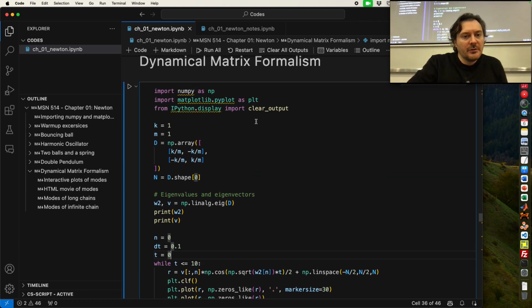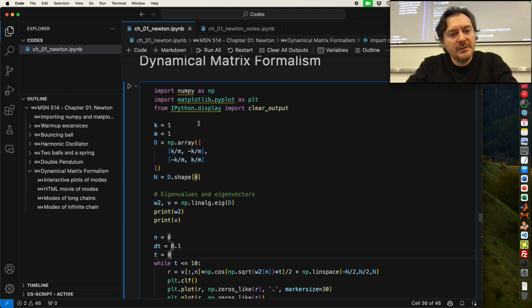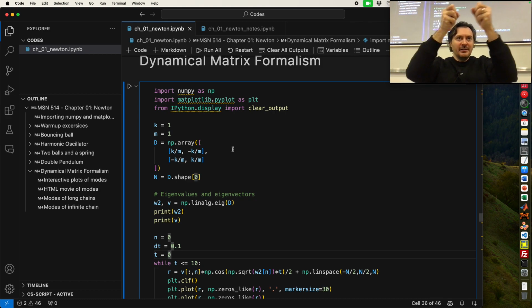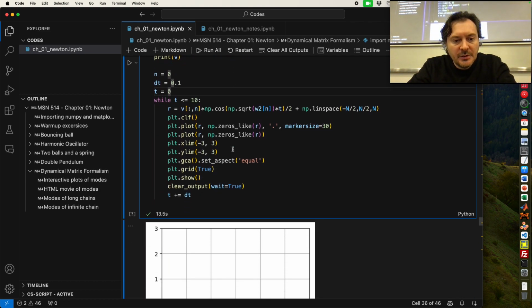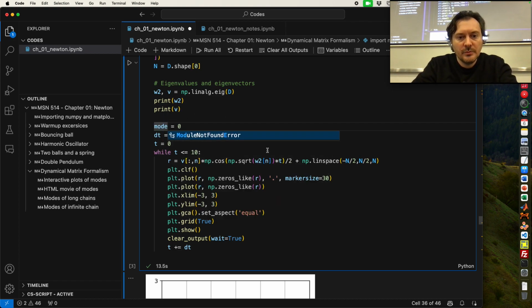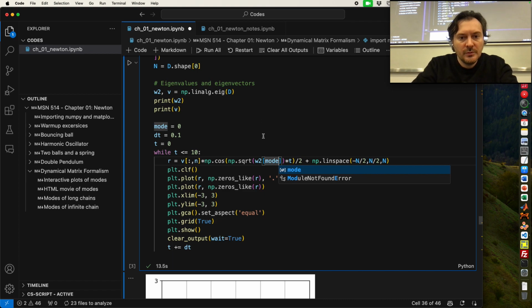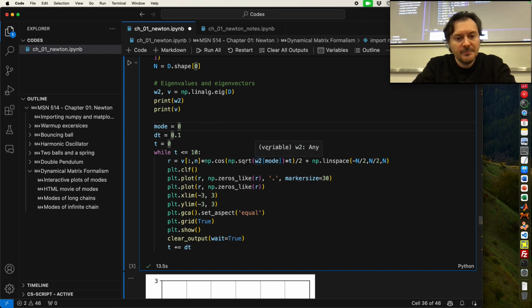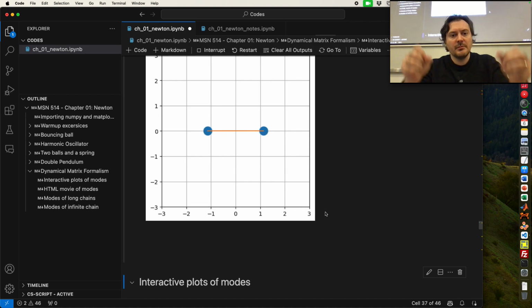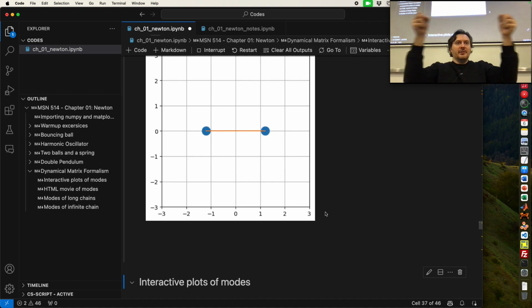So let me remind you where we were in the coding part. We were dealing with a simpler system, just 2 masses and 1 spring, right? And if you remember, we had these 2 modes. So mode 0 was something like this, just this one, right?